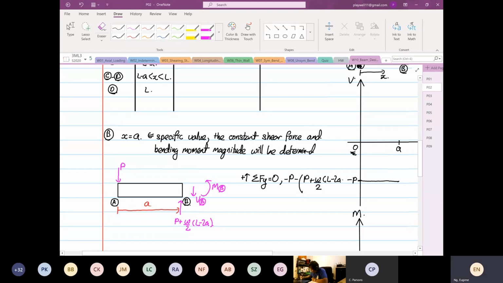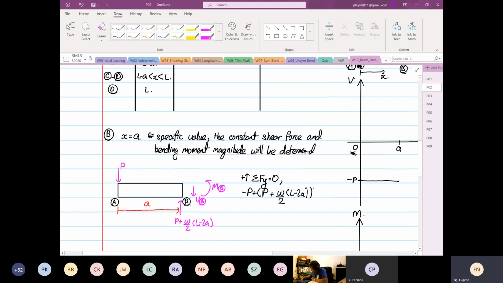Then hold on, then you close bracket. Let me write down here. Shouldn't that be plus? So you have, yeah, it's plus. Minus P plus P plus omega over 2 (L minus 2A). Okay. Then you close bracket again.